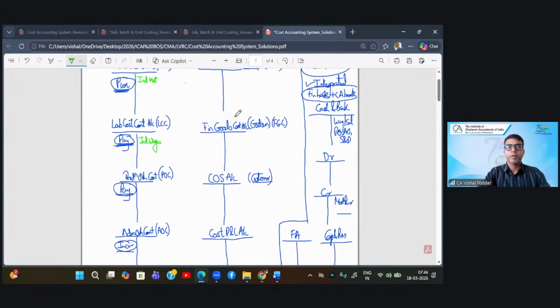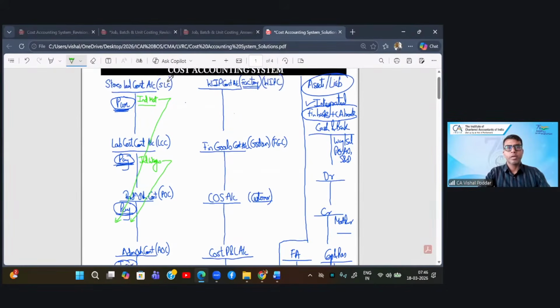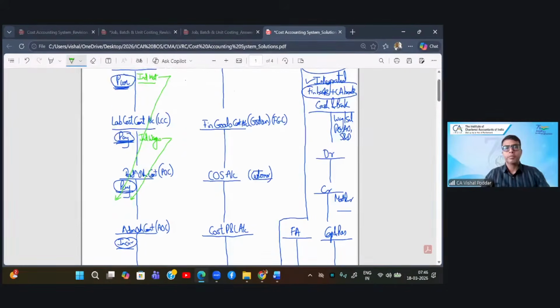But then in costing, you have studied that these are part of overheads. So what you have to do is, whatever is the indirect material, indirect labor, that is indirect wages, you will transfer it from the respective account. Like indirect material will be transferred from your materials account. And what is the materials account now? It is the stores ledger control. It will be transferred to the production overheads account. So indirect material will come here.